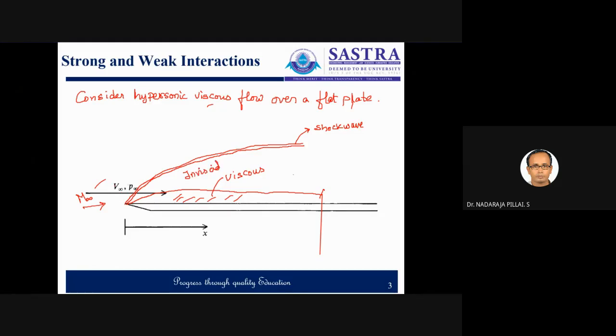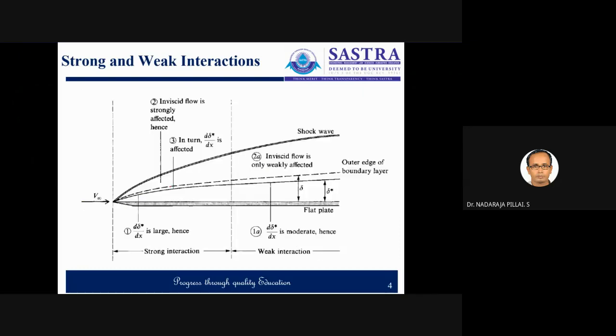We already know that when a streamline enters here, it is displaced because of the formation of the boundary layer, as we have seen in the last class.